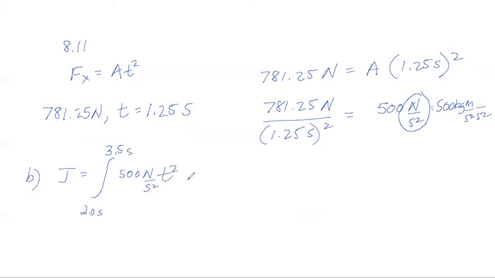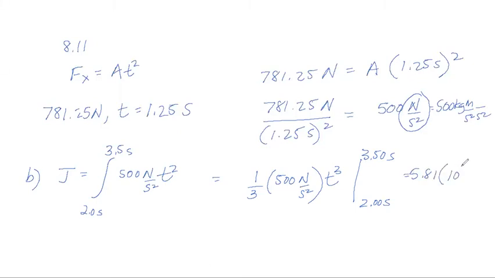So that's going to give us 1/3 times 500 newtons over second squared times t cubed from 2.00 seconds to 3.50 seconds. And if you do the math on that, that's going to give you 5.81 times 10 to the third newtons times seconds.